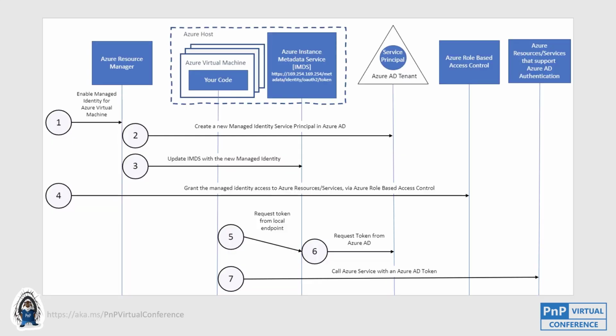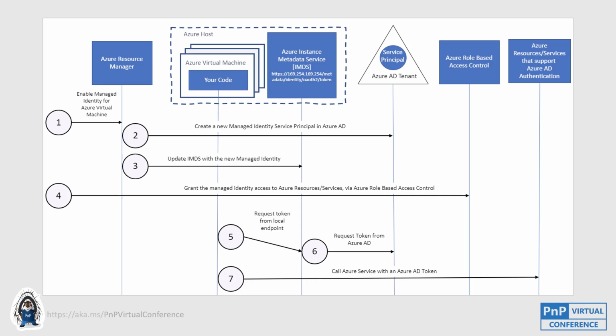So how does the Azure Managed Identity actually work, and how does it authenticate without the need for credentials? Here is a flow chart of what happens when you first enable a managed identity. In this scenario, the managed identity is being enabled on an Azure virtual machine, but it's the same process for every supported Azure resource.